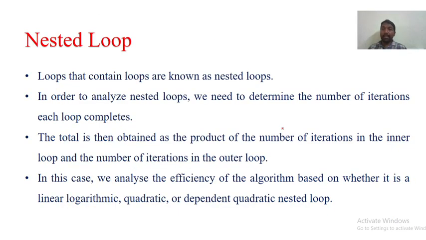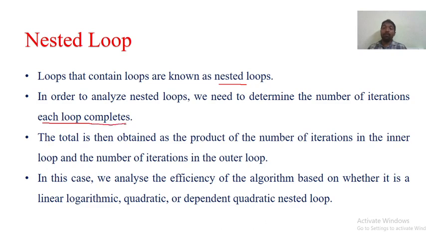Next, previously we have seen only single for loops. If you have one for loop inside another for loop, we call it a nested loop. Nested loop means loops that contain loops. In order to analyze a nested loop, we need to determine the number of iterations each loop completes.